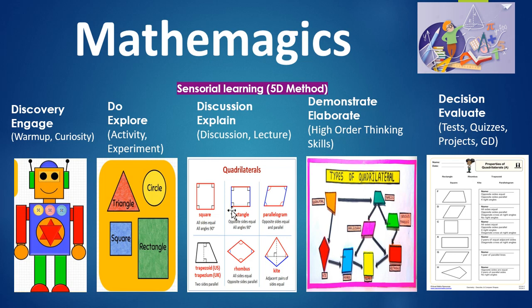And afterward, after getting the quadrilateral, we got a chain of concepts: how the quadrilateral can be converted to the trapezium, which again can be converted to the parallelogram or other shapes, for example rectangle, square, rhombus, or kite.